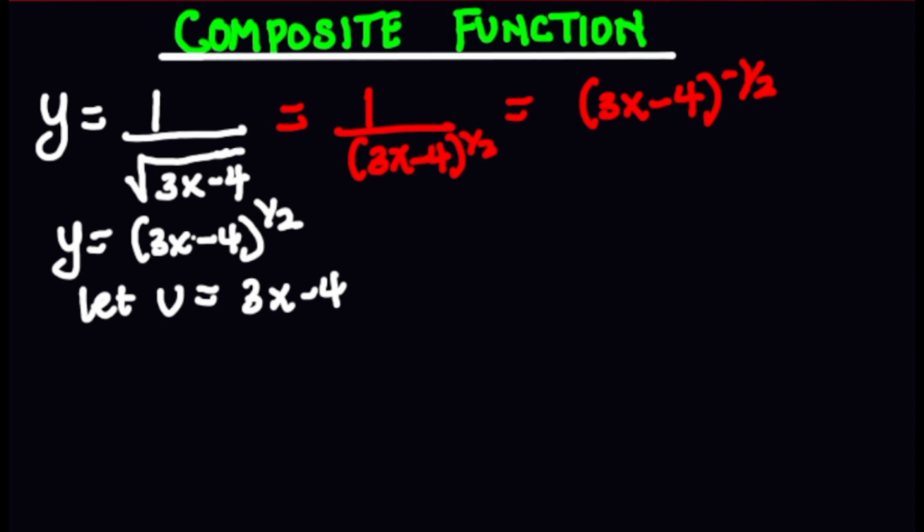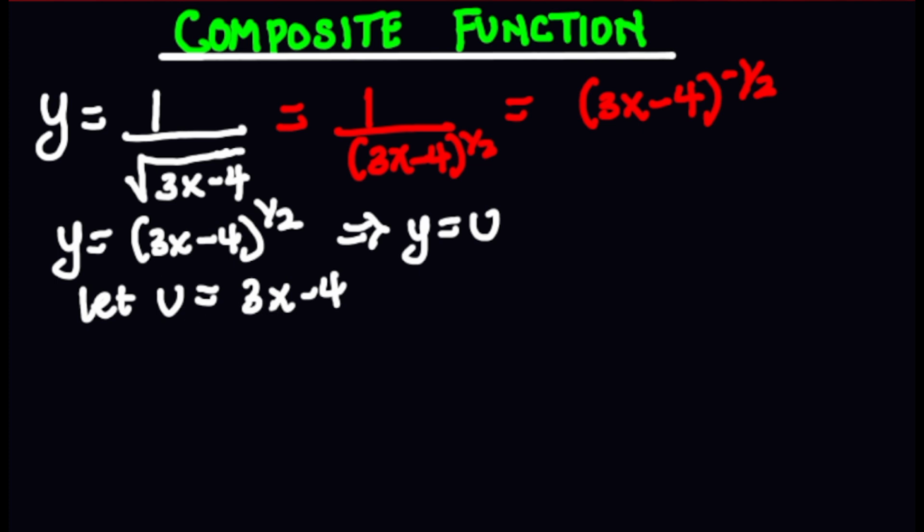So that in this case, everything here is going to become y equals u raised to minus 1 over 2. And if you remember earlier, I said y depends on another function u, which has to depend on another variable x here, right? So this is a composite function, because we actually substitute 3x minus 4 to be u.